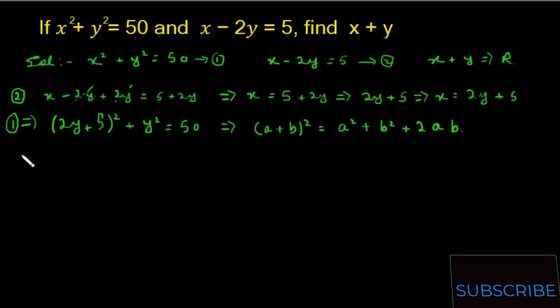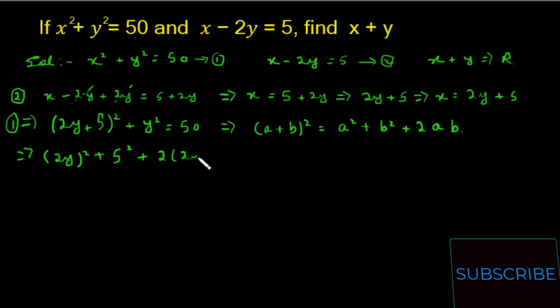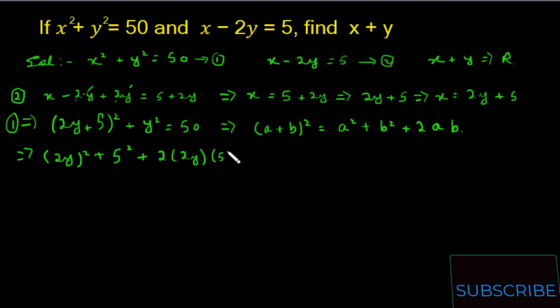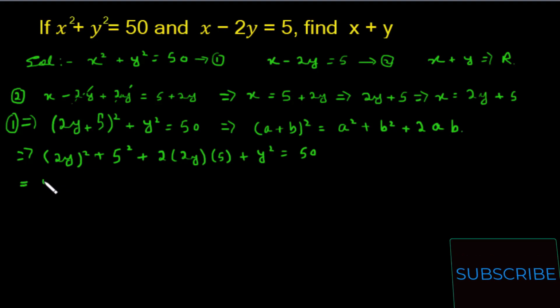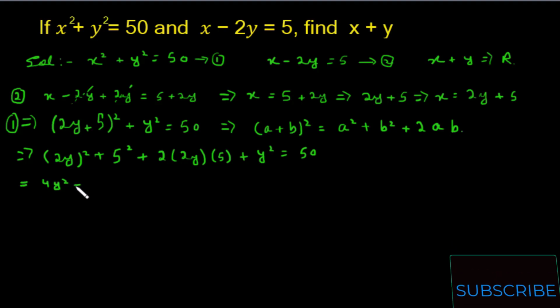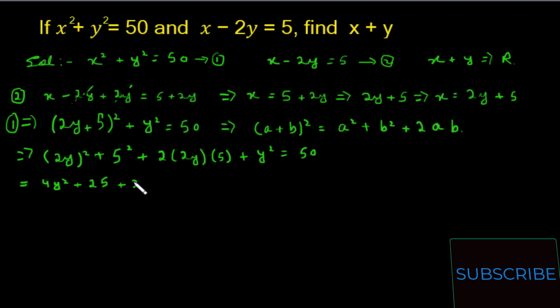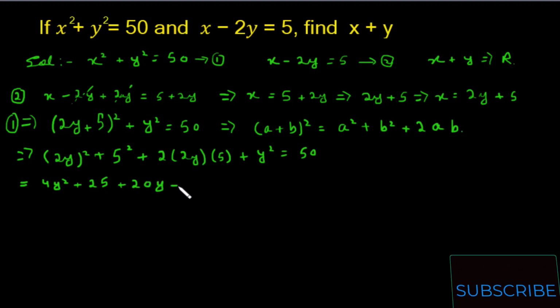So I will come up with 2 squared y squared plus 5 squared plus 2 times 2y times 5, plus y squared is equal to 50. This gives 4y squared plus 25, and 2 times 2 is 4, 4 times 5 gets me 20y, plus y squared is equal to 50.